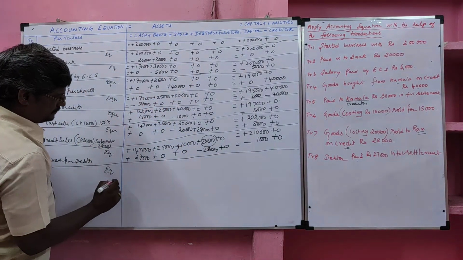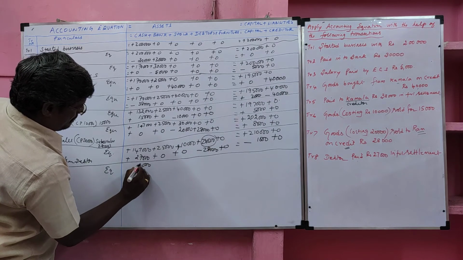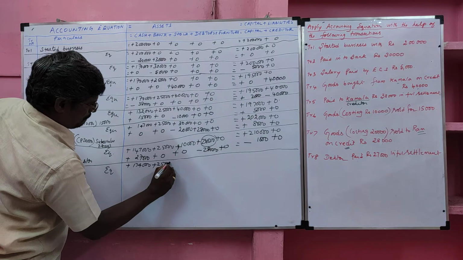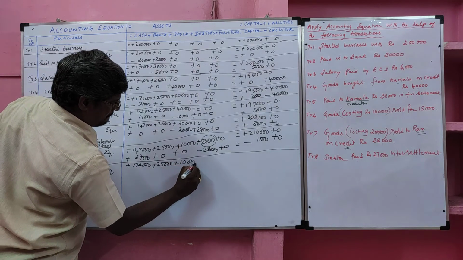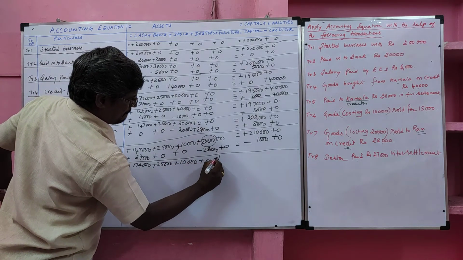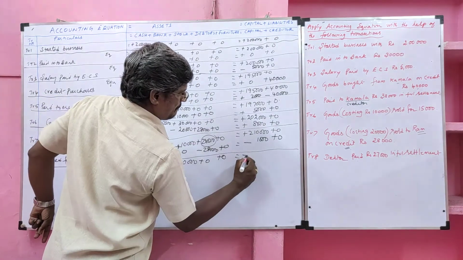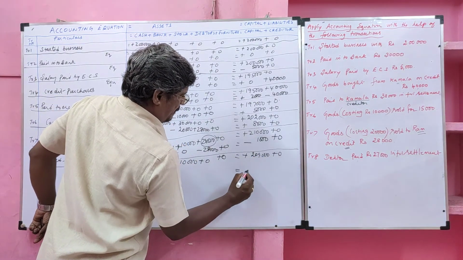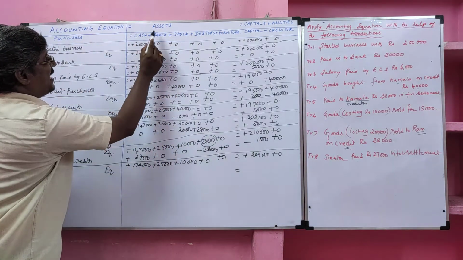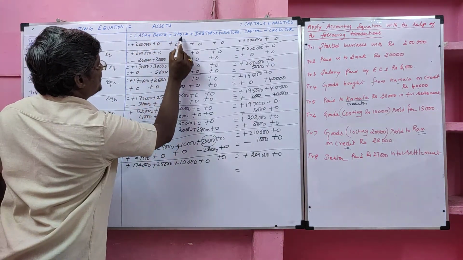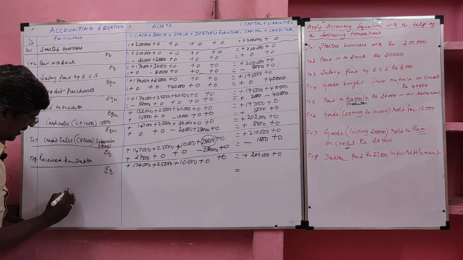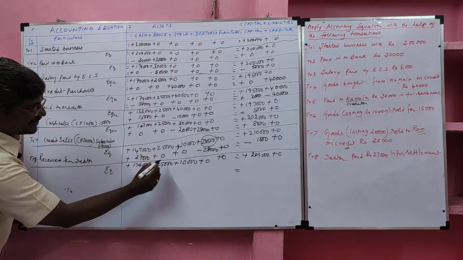Balancing equation. What we have to do? First add all assets: cash plus bank plus stock plus debtor plus furniture.